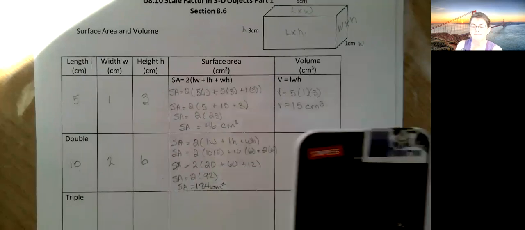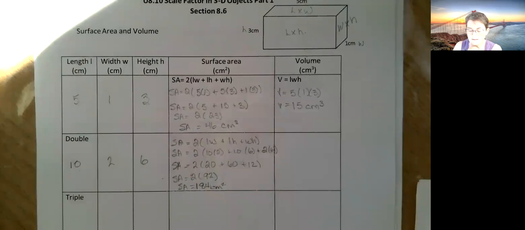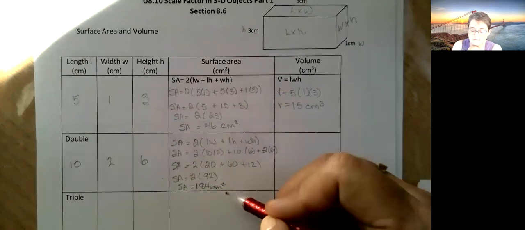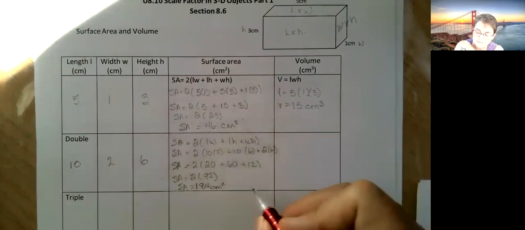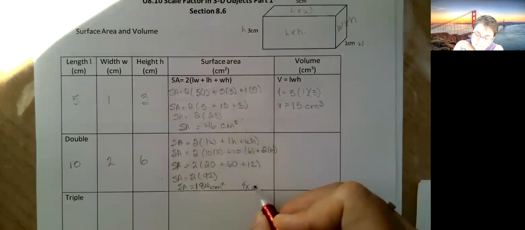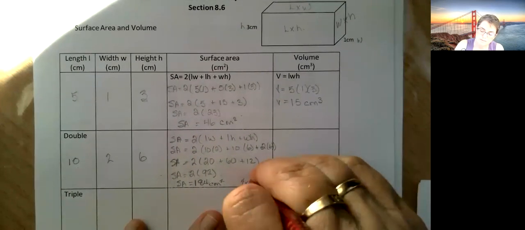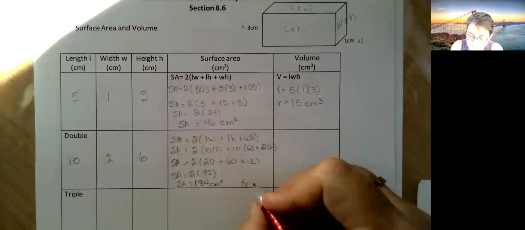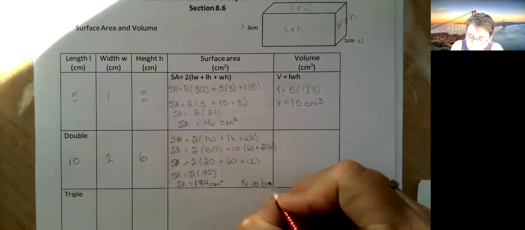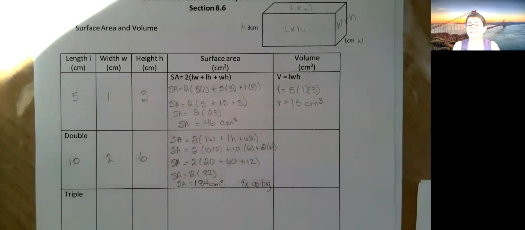So 184 divided by 46 is 4. So this is 4 times as big as that one. Well, that's what we expected, right? We knew that from before. If you double the length and you double the width, so you basically double the 2 dimensions, it ends up being 4 times as big.